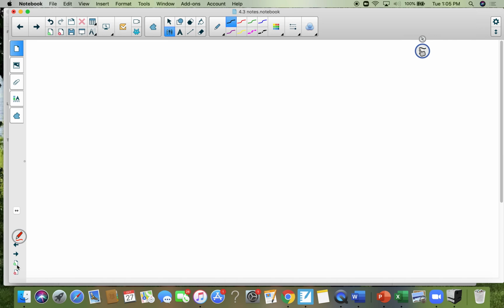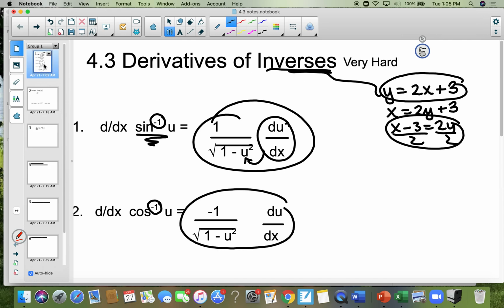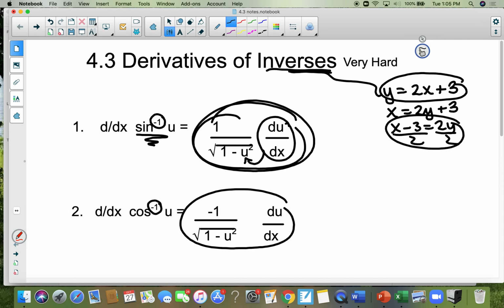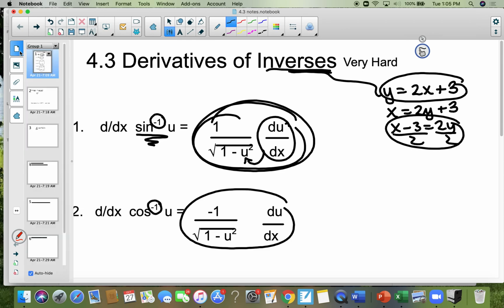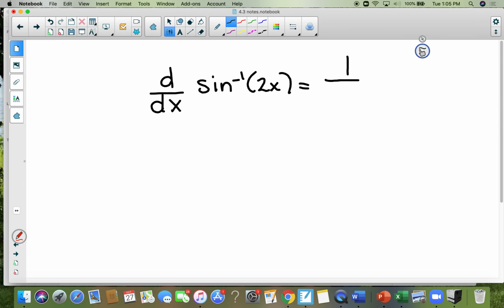Let's start with find the derivative of the sine inverse of 2x. So let's go back to the first page and let's look at sine inverse. It's going to be this one, so I'm going to copy this one down. 1 over the square root of 1 minus u squared du dx.